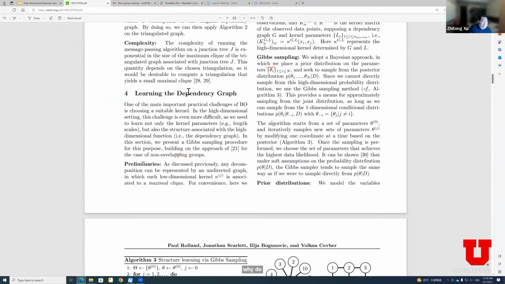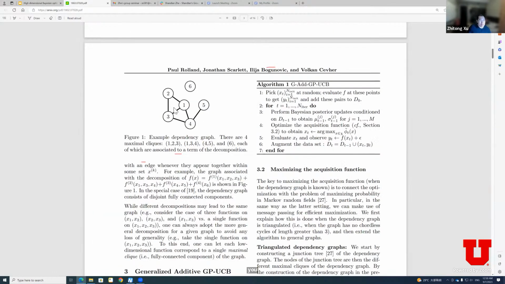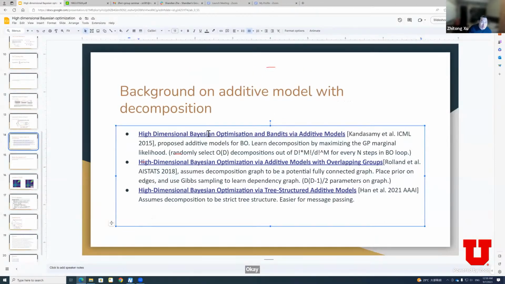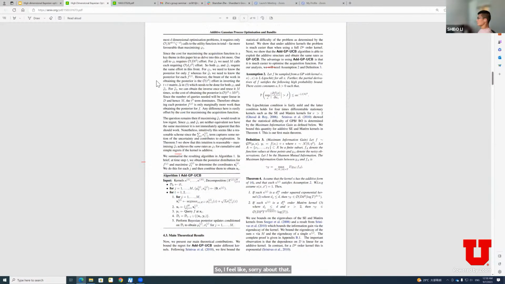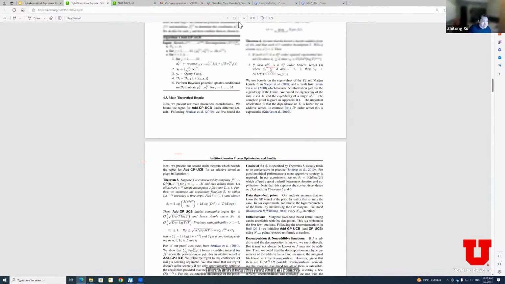So I think what they want to do, if this idea starts from the first one, is parallelism, to make it faster. That's why they use the junction tree. So they build from the IGP-UCB. Sorry, I didn't include much detail of these three papers.